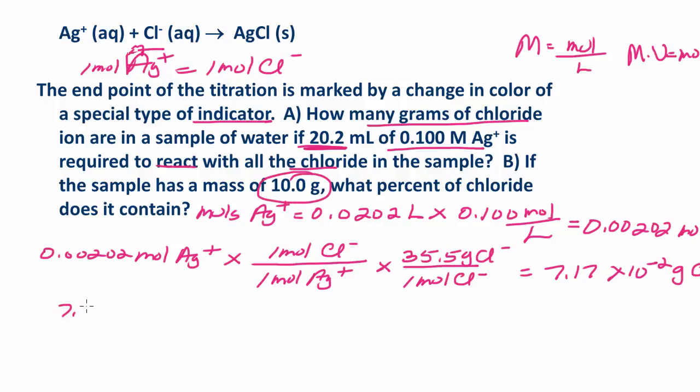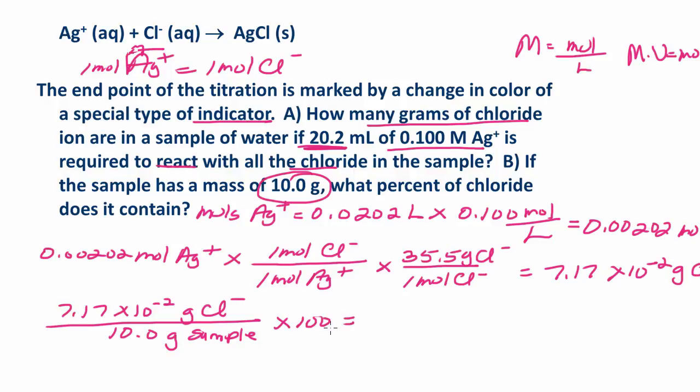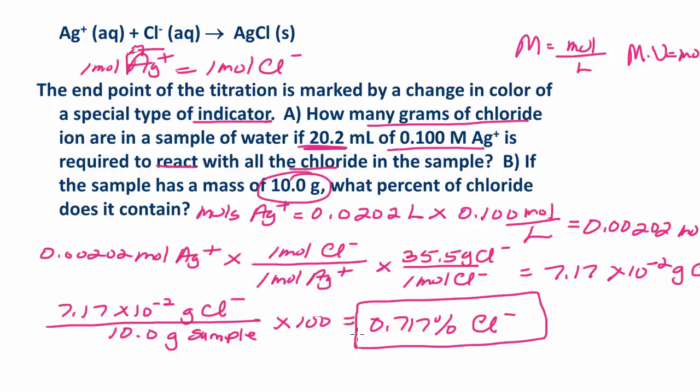So we have 7.17 times 10 to the negative 2 grams of chloride ion in 10 grams of sample. Multiply that by 100, and that's going to give us 0.717% chloride ion in that sample.